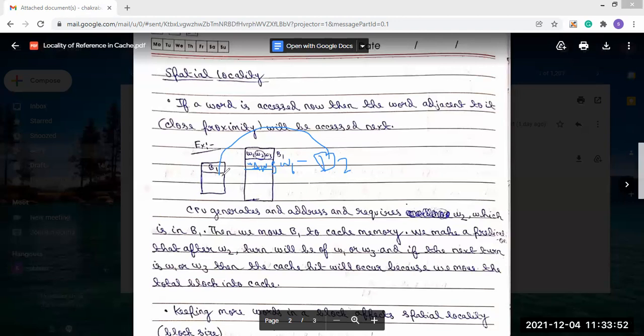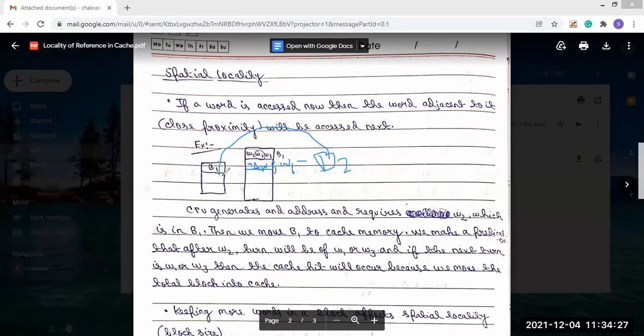That means a cache miss will occur, because that particular word will not be present in the cache. But if the word is present in the cache, then we say a cache hit occurred. So if we move all the words of the same block into the cache, the cache hit will increase, because all words are present in the cache and the word the CPU wants to access is present there.